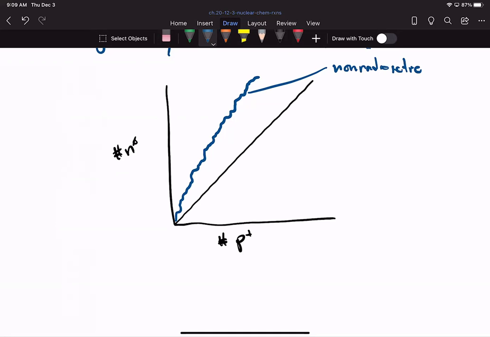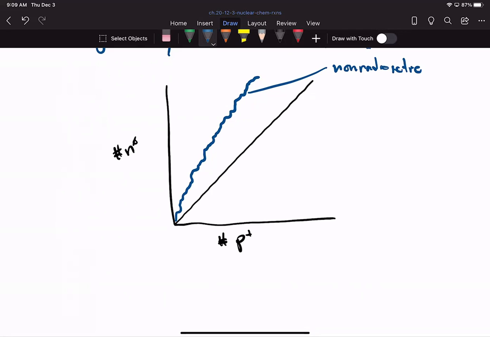So these are non-radioactive elements here. They kind of follow that trend when we talk about the number of neutrons versus the number of protons. Eventually we end up with more neutrons than protons, and it ends up skewing that ratio. Instead of just going straight down the middle, it'll skew off to another end here.